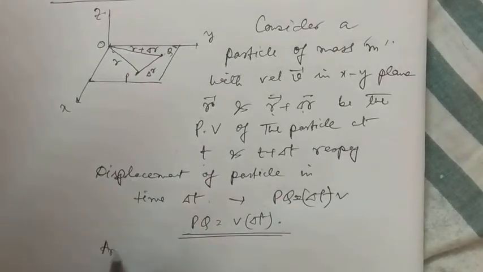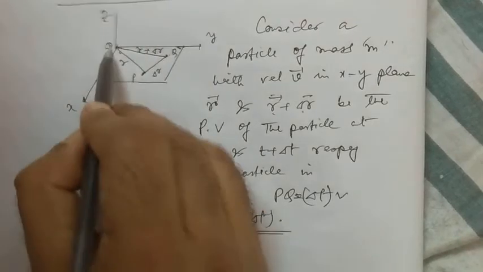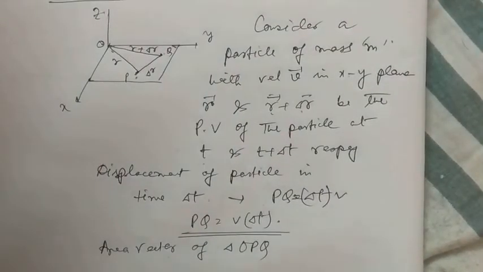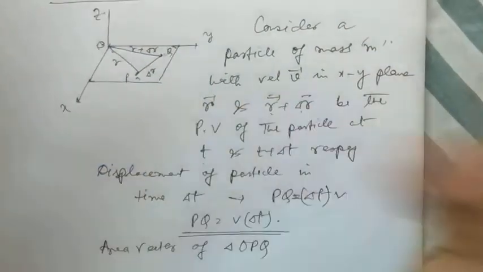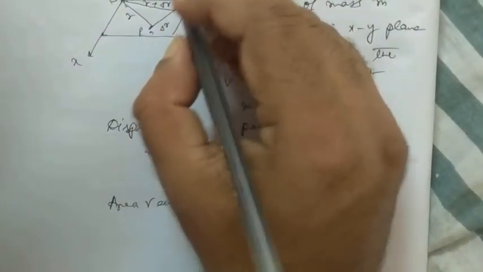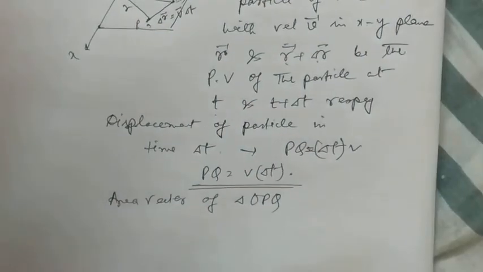Now the area vector of triangle OPQ. Area means half base into altitude. So half base into altitude, where the base is the shift, delta r. You can also write the value of delta r to be v delta t.